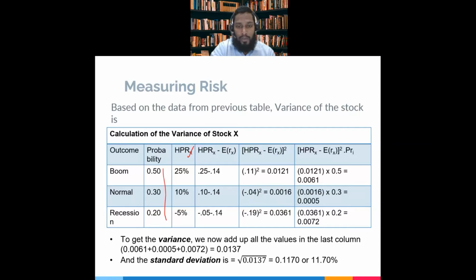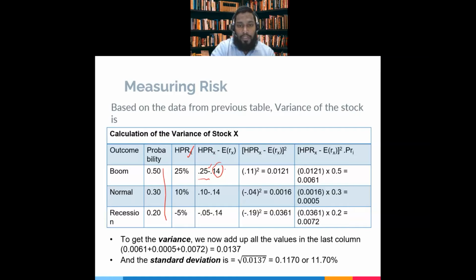So in order to calculate the variance, we have to get the holding period return here, 25%, minus the expected return. Remember, we calculated the expected return just a few minutes ago. We got 14 something, so we take 14 here to make it easy. So we deduct this expected return from the holding period return, which is 25.